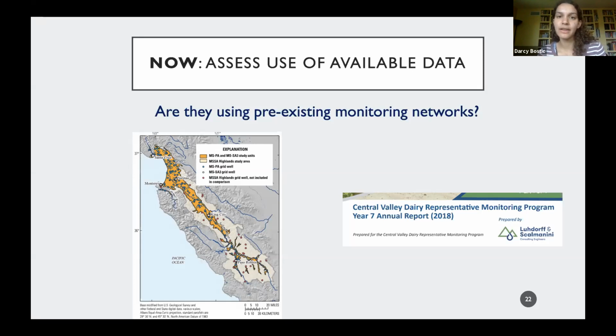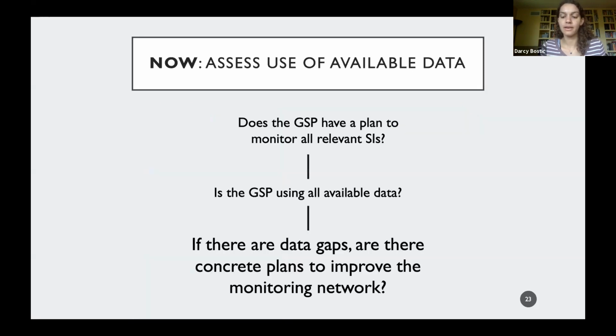Similarly, in the Central Valley, there have been a number of dairy monitoring network programs. This particular program has gone on for a number of years, and there are existing water quality monitoring systems. So are they using these networks that have a lot of data available that really explain the state of the system currently?